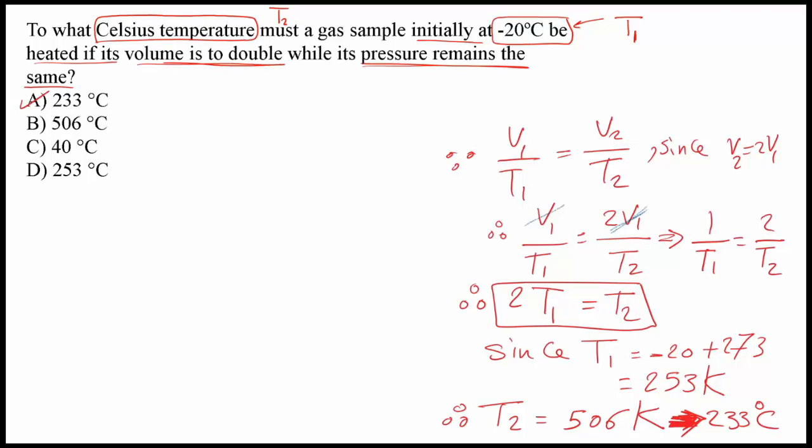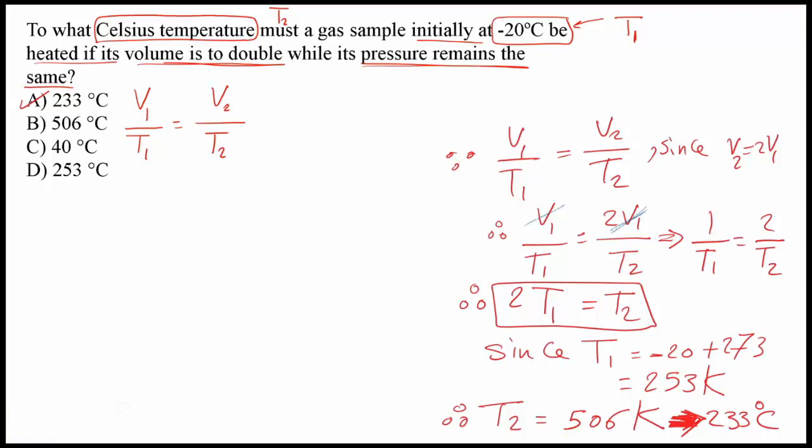So here I have a constant pressure, and there is a relation between temperature and volume. So that's Charles' law: V1 over T1 equals V2 over T2.